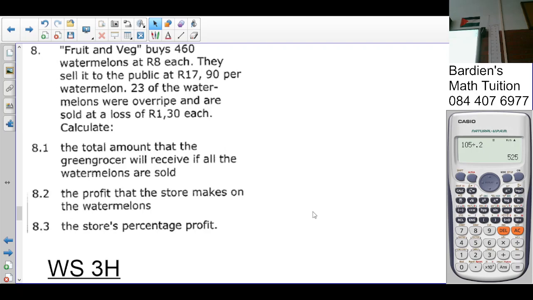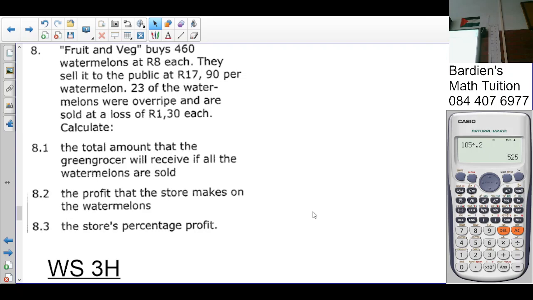Fruit and Veg buys 460 watermelons at 8 rand each. They sell it to the public at 17 rand 90 cents per watermelon. 23 of the watermelons were overripe and were sold at a loss of 1 rand 30 cents each.